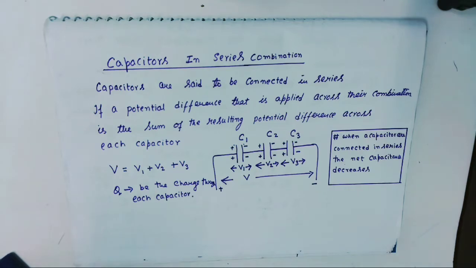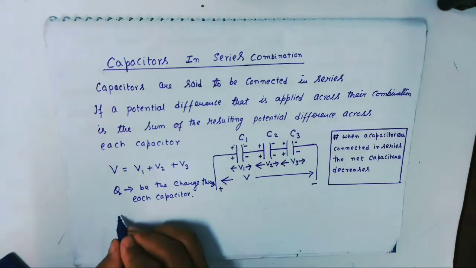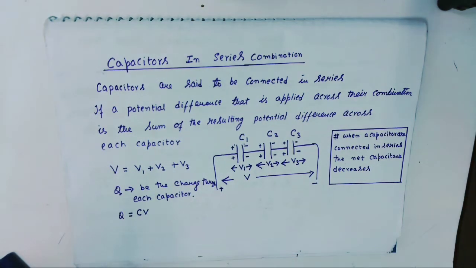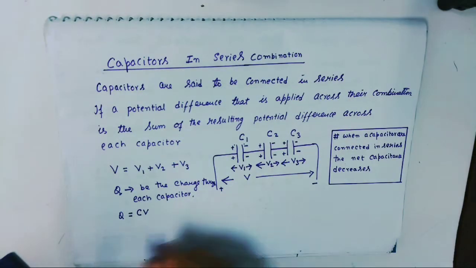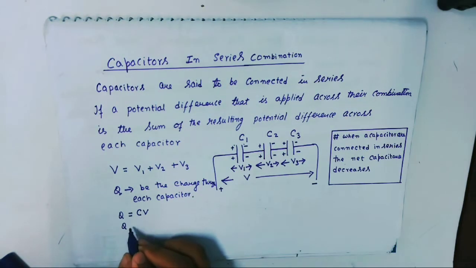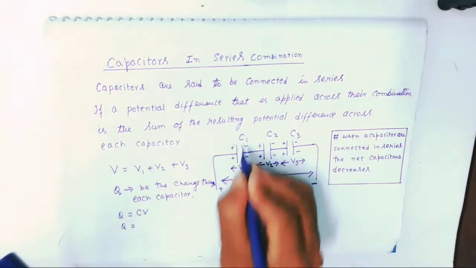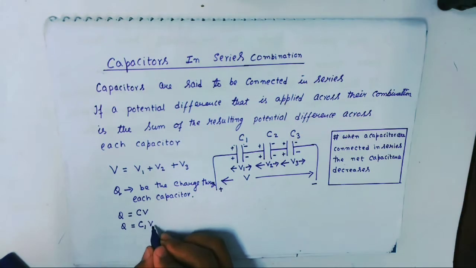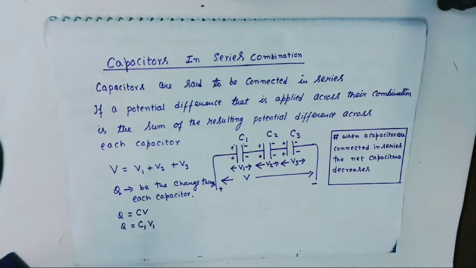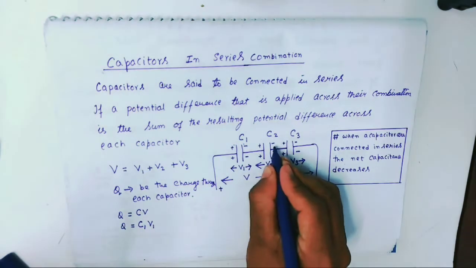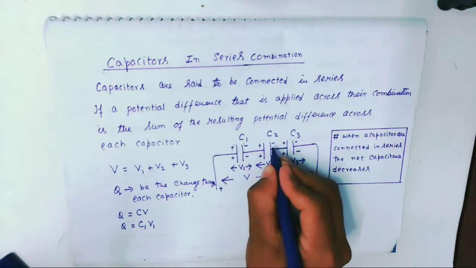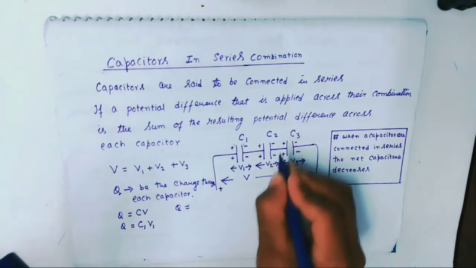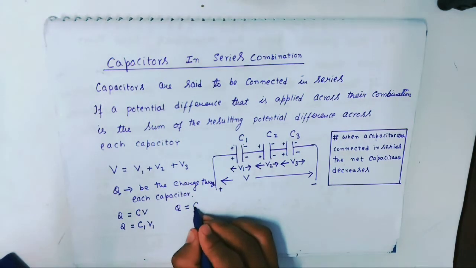We have learned earlier that Q is equal CV. In this case, the charge is Q. The capacitance, it is C1. The potential, it is V1. Similarly, in this capacitor C2, the charge is Q. Capacitance, it is C2.